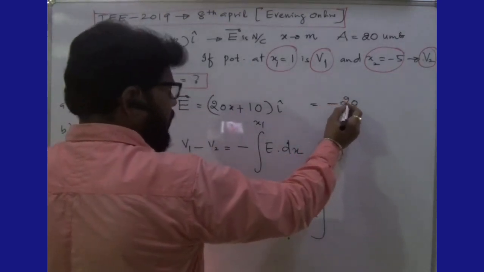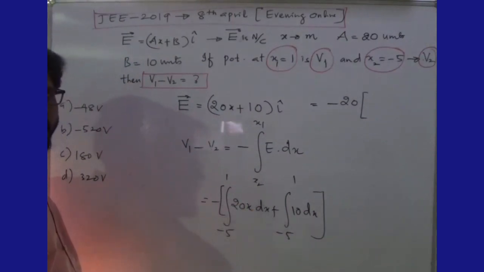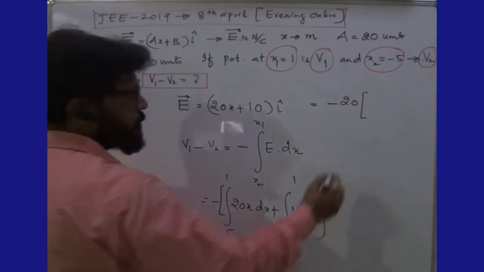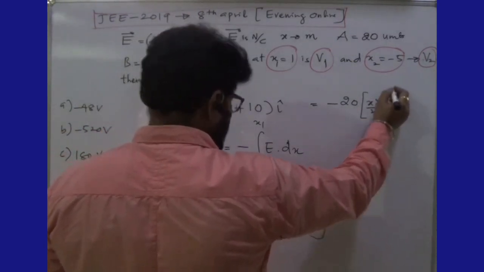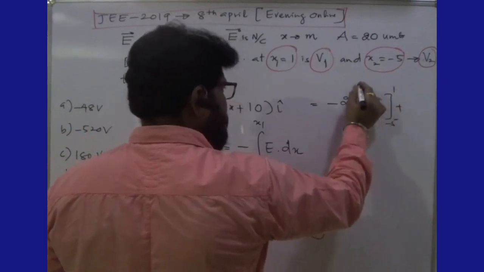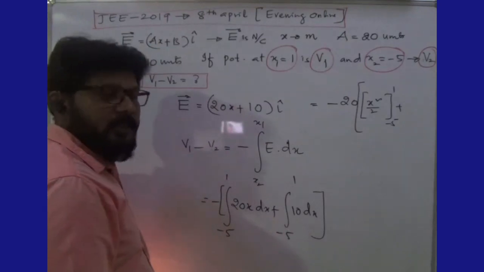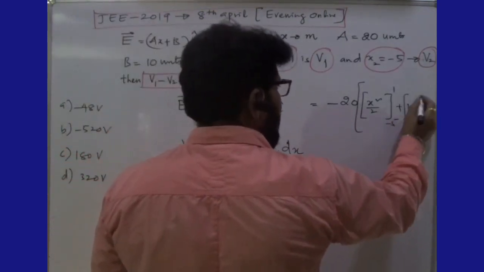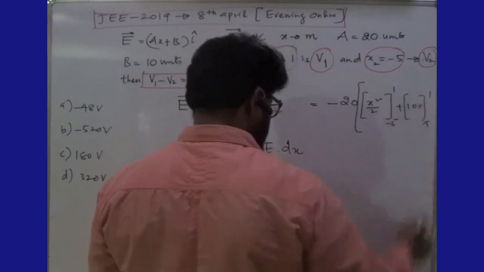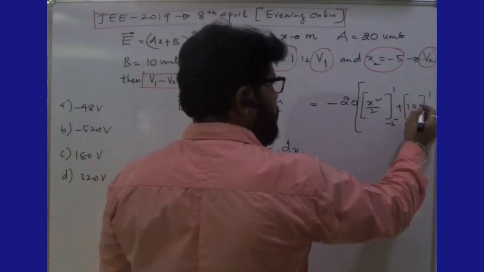If I take minus 20 outside, the integration of x dx is x square by 2, applying limits minus 5 to 1, plus the integration of 10 dx, which is 10x, applying limits minus 5 to 1.